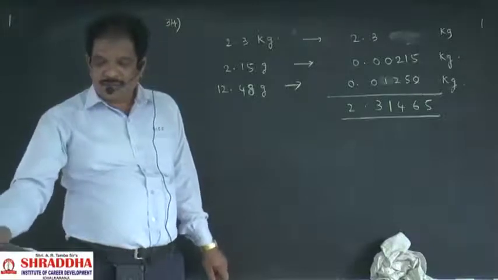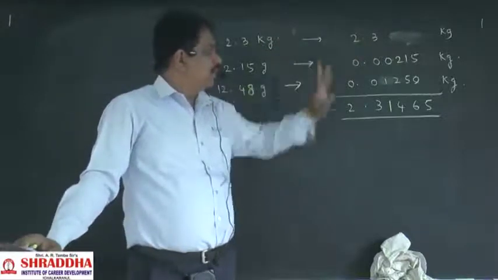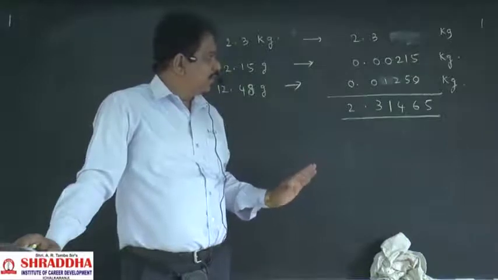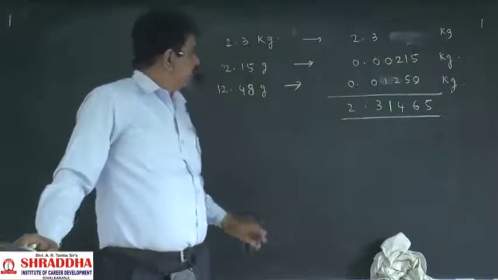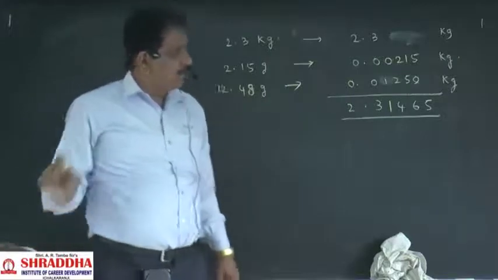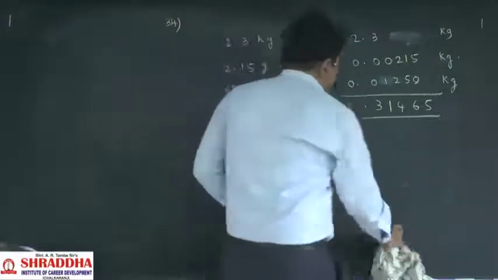After decimal point, it will have one significant figure. Remember. Final answer will, wait, we did something wrong. Here, addition, right? Addition, after the decimal point only we have to consider. Wait. We did wrong here.